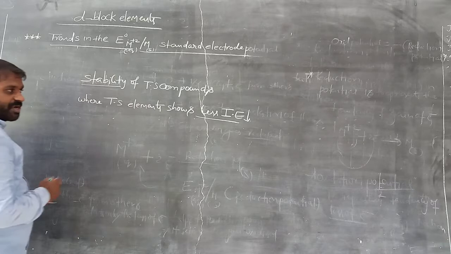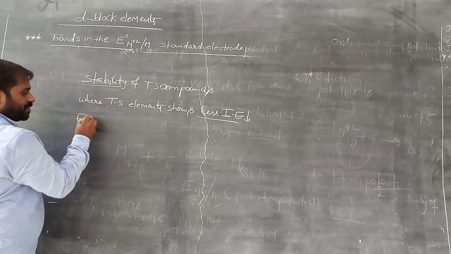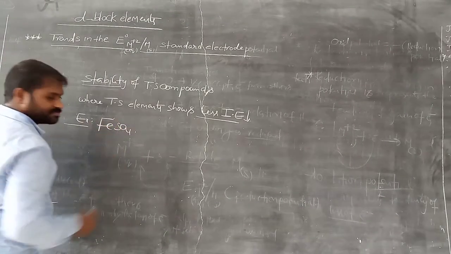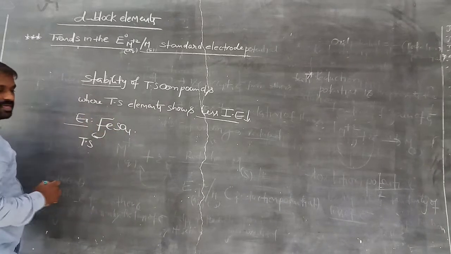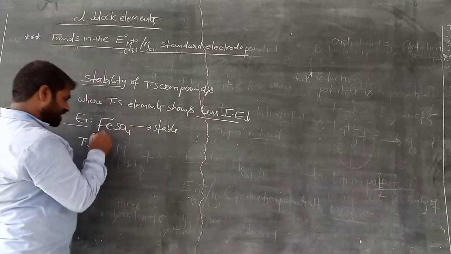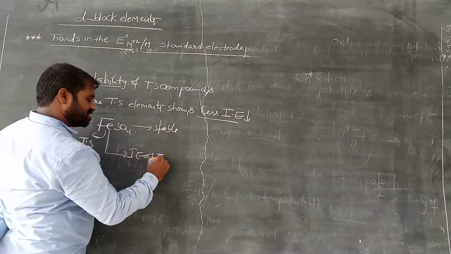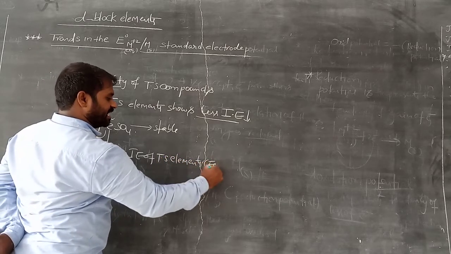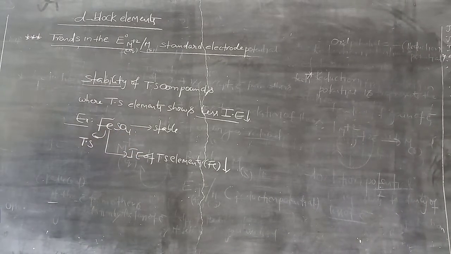Ionization energy or ionization potential. For example, ferrous sulfate. Here iron is a transition element, so it is a transition element compound. When this becomes stable, the ionization energy of the transition element, that is iron here, is less.